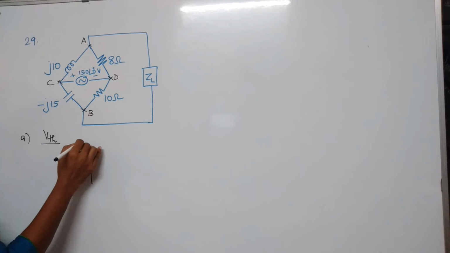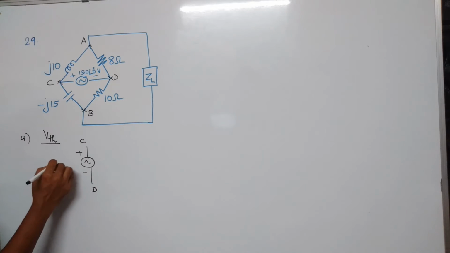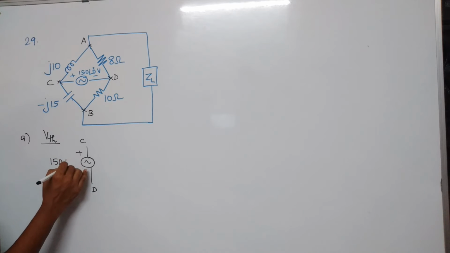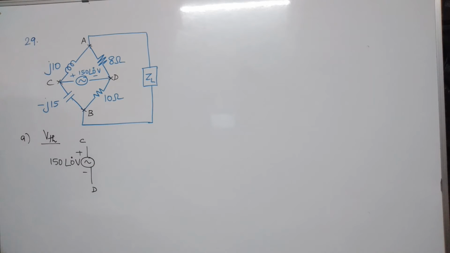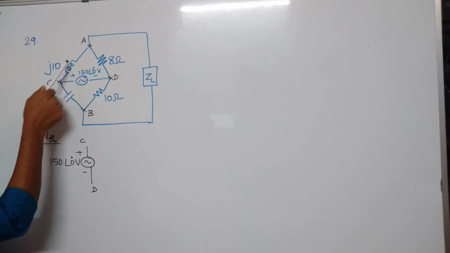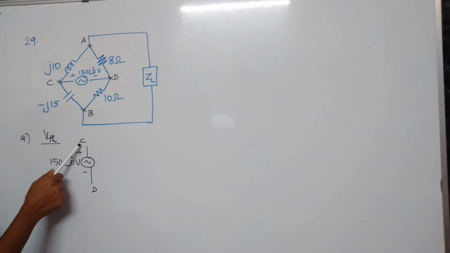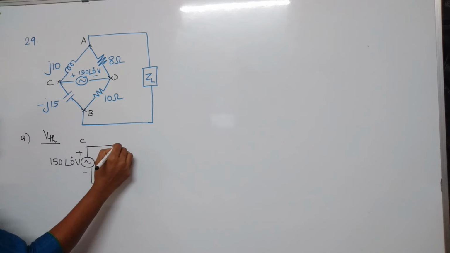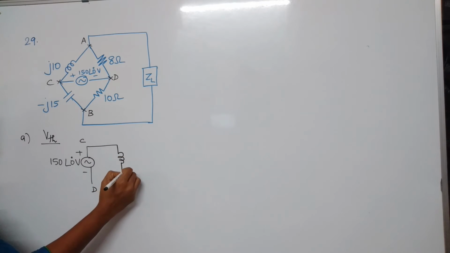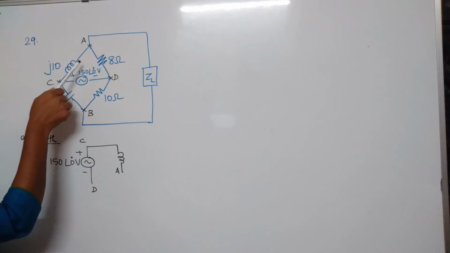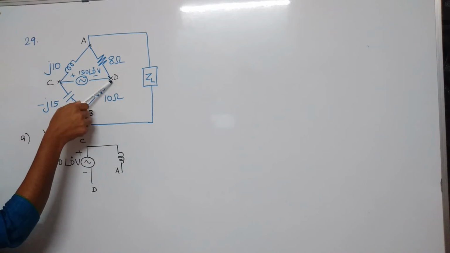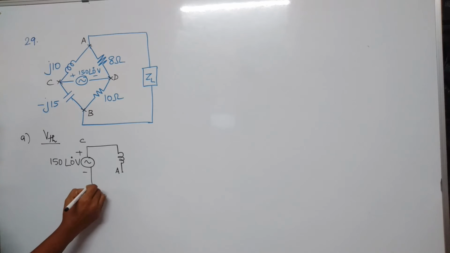Voltage source between point C and point D, value is 150 angle 0 degree volt. Now this J10 is placed between A and C. C is here. Let this point be A. Okay. And 8 ohm is between A and D. A is here, D is here.